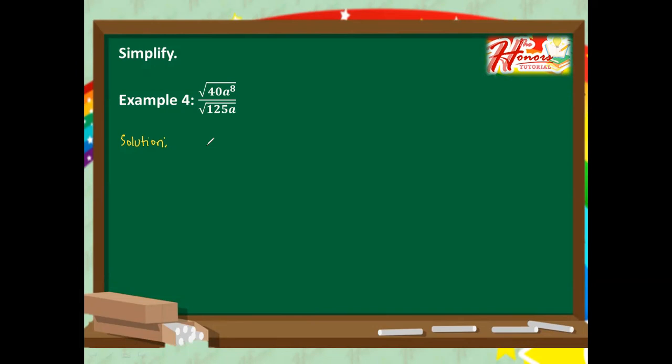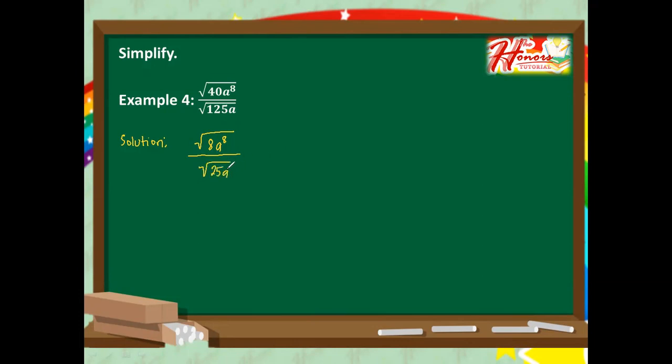So let's use 5 to divide. So if we divide 40 divided by 5, then it will become 8. And then let's just copy first the variable and the exponent over 125 divided by 5. That is equal to 25. So we have here square root of 25a.